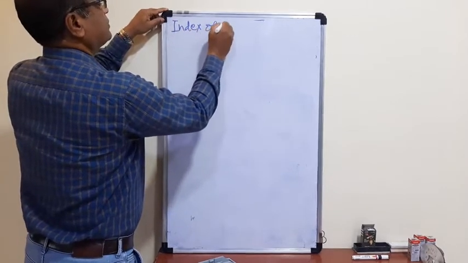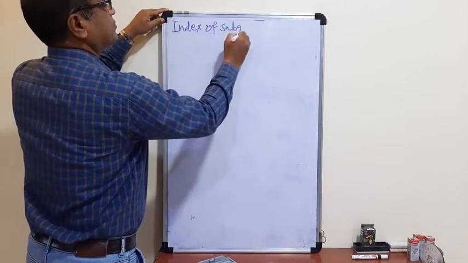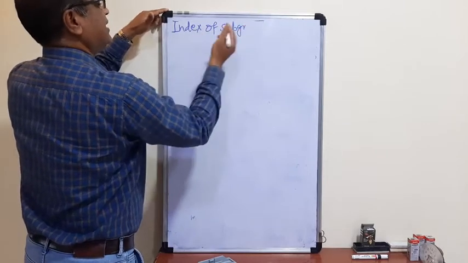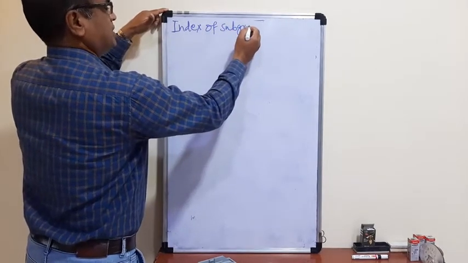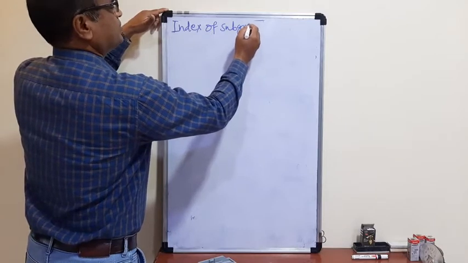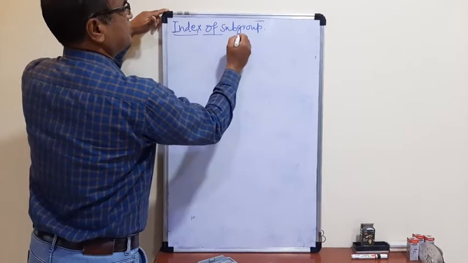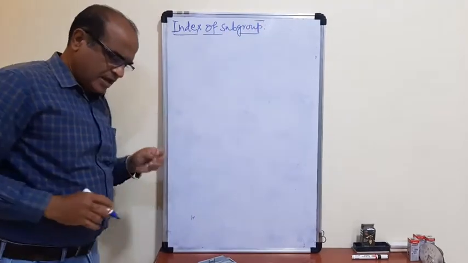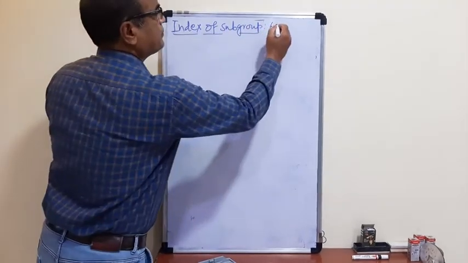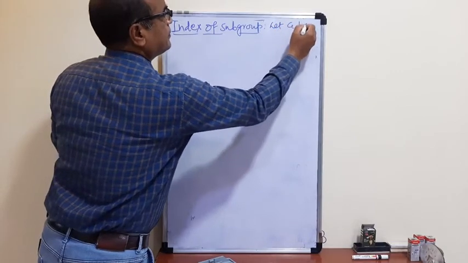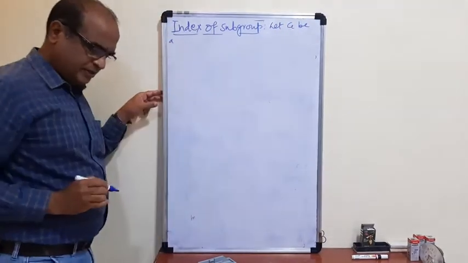H is a subgroup of G, then what is the index of the subgroup H with respect to G? Index of subgroup. Let G be a finite group.